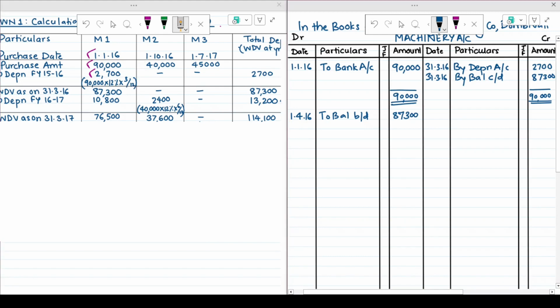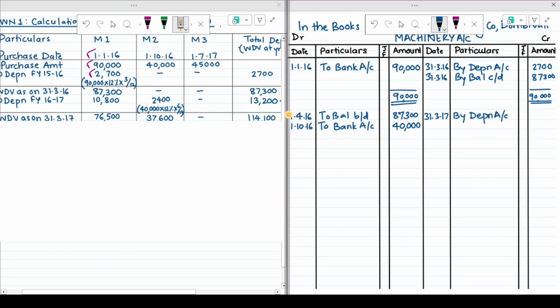Then in second year there is purchase of 40,000 machinery. We will have to pass entry for that on 1st October 2016. We can see 1st October 2016 to bank account 40,000. And then in this year there is no other sale entry, so we will pass this depreciation entry on last day 31/3/17 by depreciation account. The amount is 13,200. At the year end we will close the books.